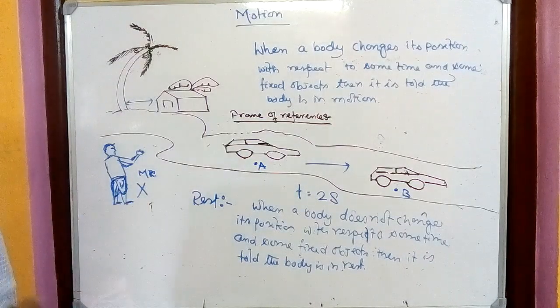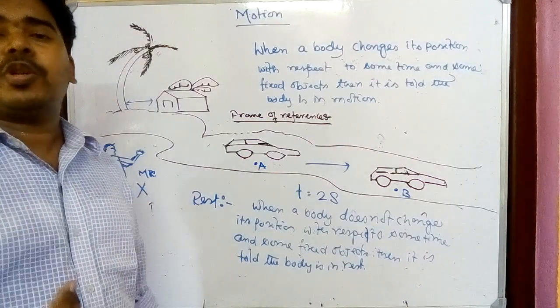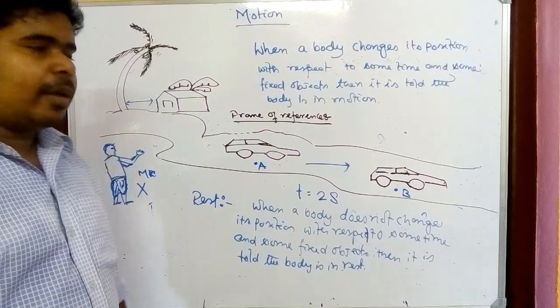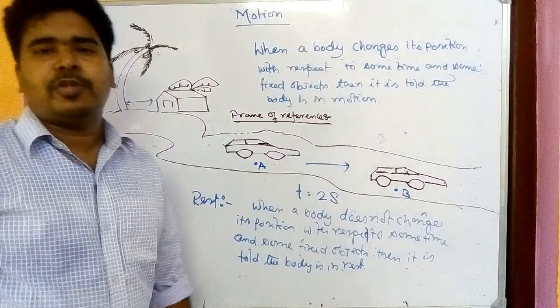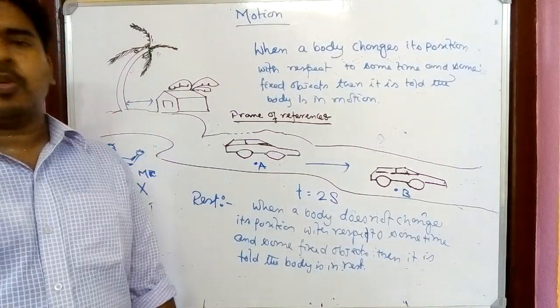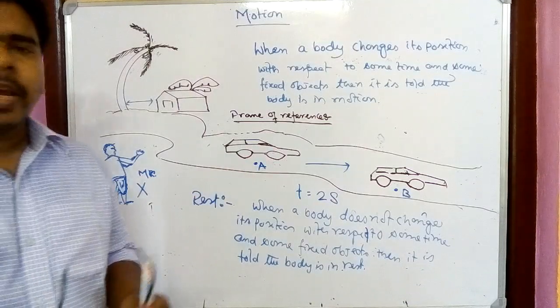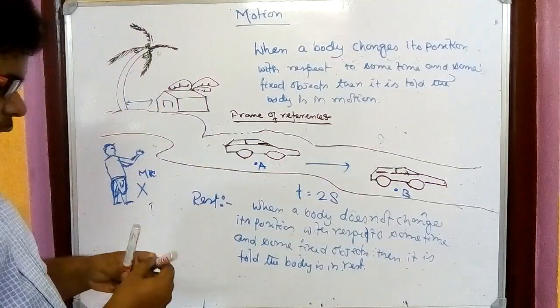So when we want to represent a state of motion or a state of rest, we need some fixed objects to represent this motion, and these fixed objects are known as frame of reference. So what is frame of reference?